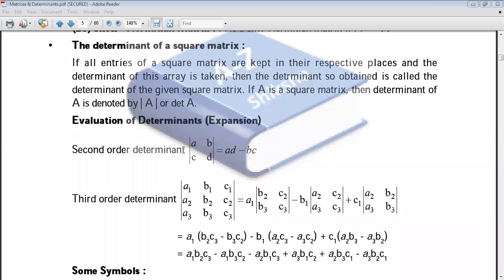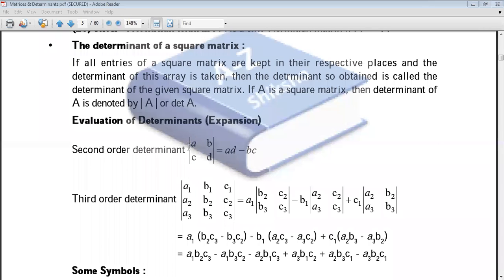Second order determinant. See, here it is written as a determinant with A, B, C, D. Now you see, the first row is AB, the second row is CD. Similarly, the first column is AC, the second column is BD. That means in this determinant, the order is 2 by 2, no?